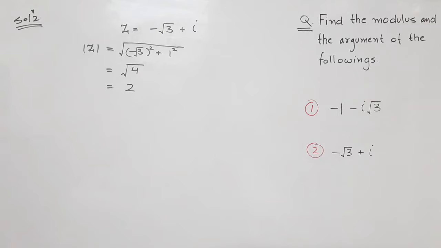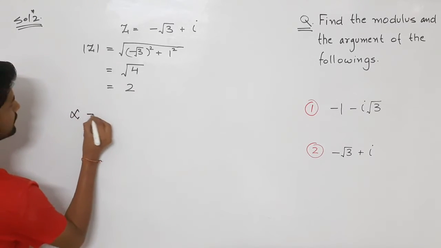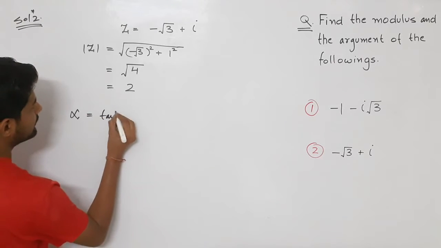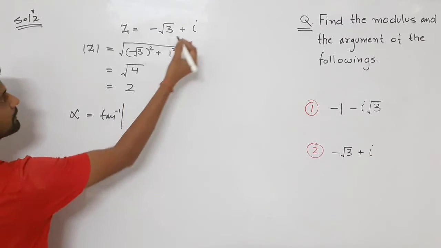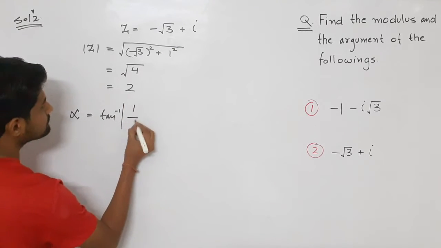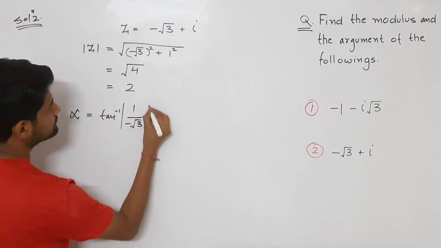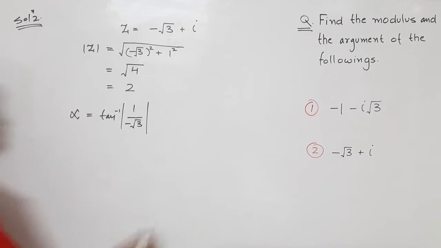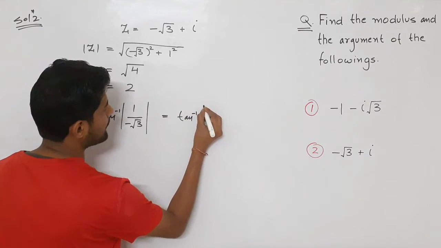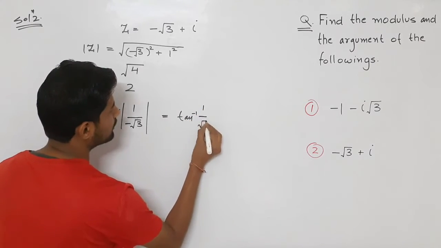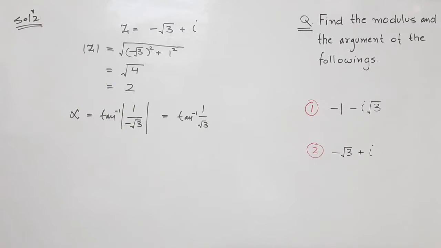Okay, now the argument. So first of all we have to find out this acute angle, which is equals to tan inverse mod of b upon a. Here b is 1 and a is minus under root 3. Okay, which is equals to tan inverse 1 upon under root 3, right?